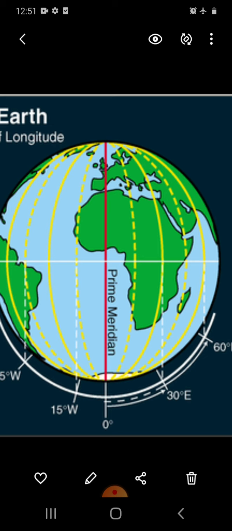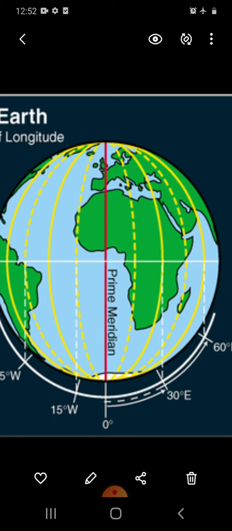The earth takes 24 hours to complete a rotation. So the time required to complete a 360-degree rotation is 24 hours. We will get 360 longitudes if we draw one longitude for each degree of angular distance.